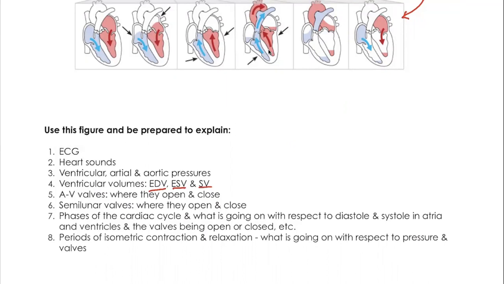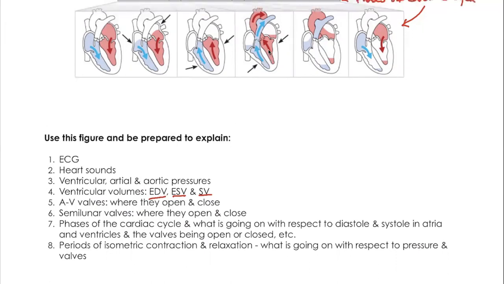I want you to be able to explain exactly where the AV valves open and close and exactly where the semilunar valves open and close, and what's going on during all the phases of the cardiac cycle with respect to diastole, systole, what's going on in the ventricles, the valves opening and closing, and be able to finally explain isometric contraction and relaxation periods with respect to pressure in the ventricles and the valves.